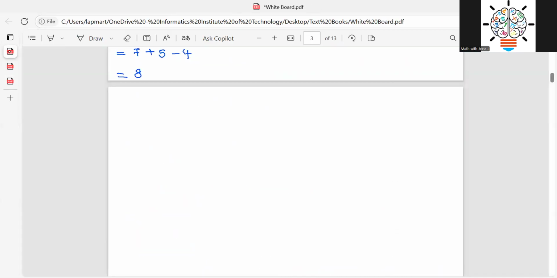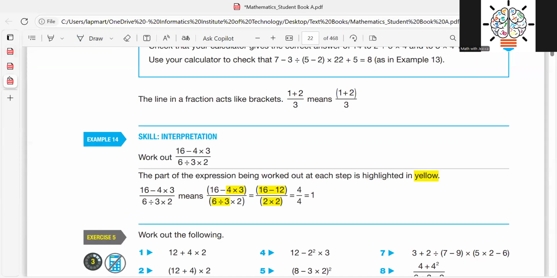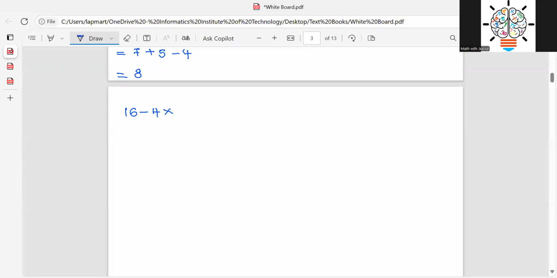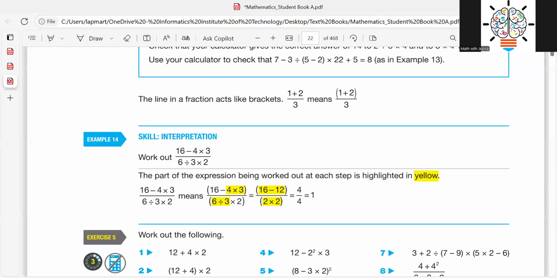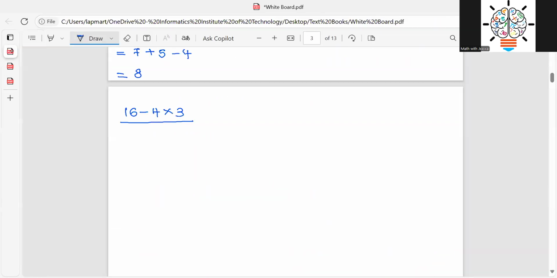16 minus 4 multiplied by 3, something like this. And 6 divided by 3 multiplied by 2.